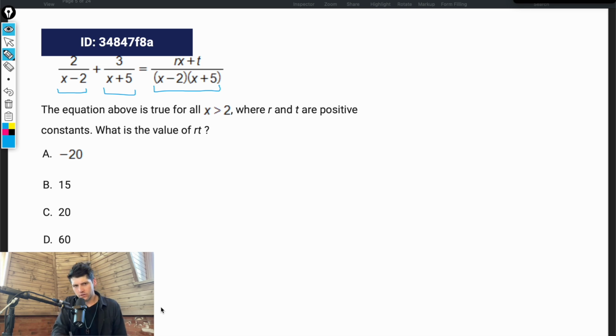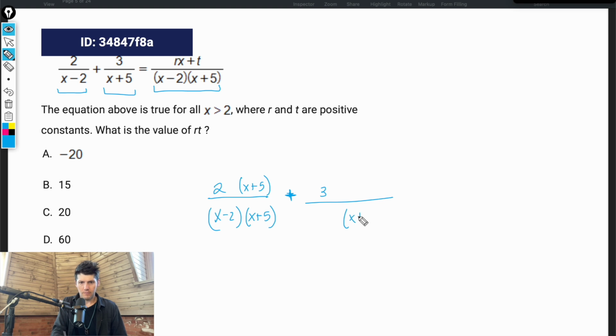So the first expression is going to be 2 over x minus 2 times x plus 5 over x plus 5. And then the second, not an equals, but a plus, is going to be 3 over x plus 5, I'll just write it over here for clarity, times x minus 2 over x minus 2.